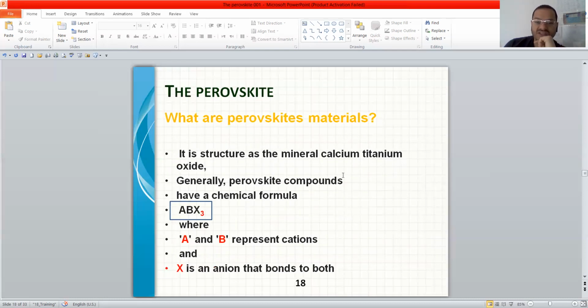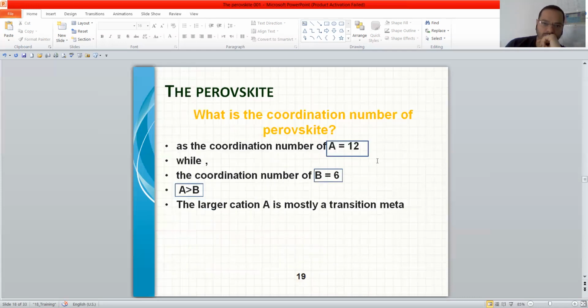What are the perovskite materials? It's a structure like the mineral calcium titanium oxide. Generally, perovskite compounds have a chemical formula, like I said before, ABX sub 3 or ABO sub 3. A and B represent cations, X is an anion that bonds to both. What is the coordination number of the perovskite?